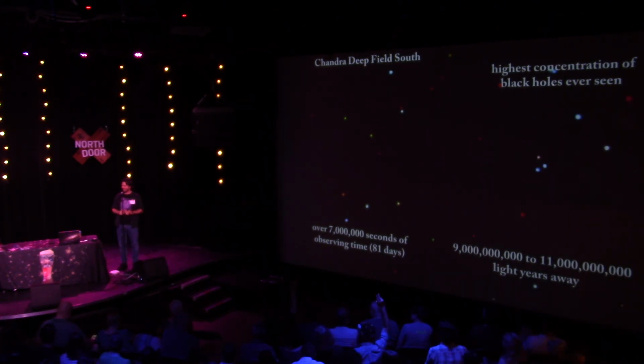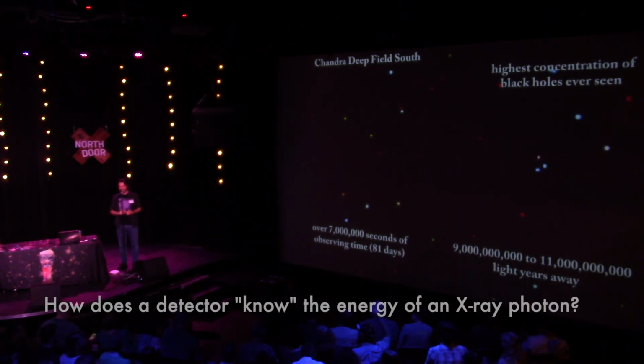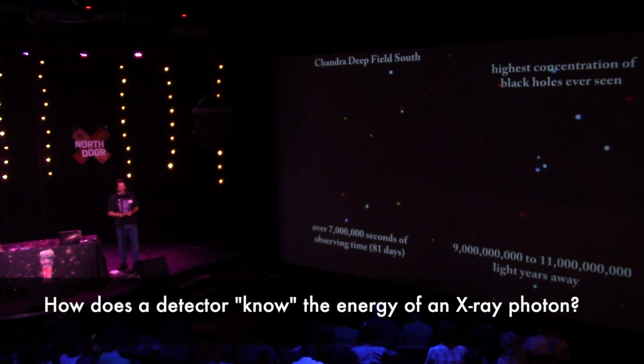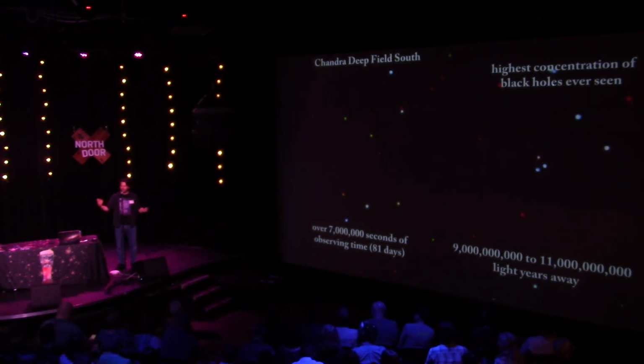All right, over here on the left. That was my question. So how does the detector know the energy of the X-ray photon? So you have probably a phone with a camera on it or maybe a digital camera, right? And the technology of that, I think now they're active sensors.